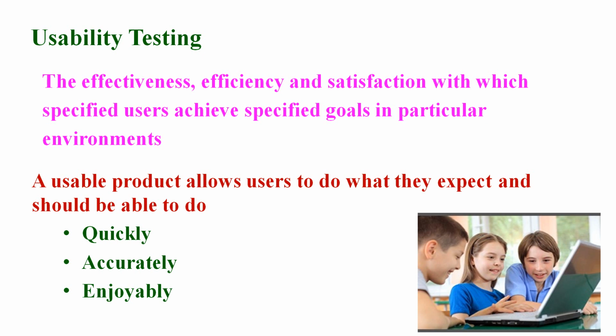This is the definition of usability testing. That means the specified users or the end users should be able to use that application effectively, efficiently and satisfactorily. And a usable product allows the users to do what they expect, and to do it quickly, accurately and enjoyably.